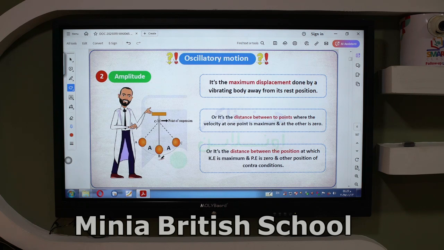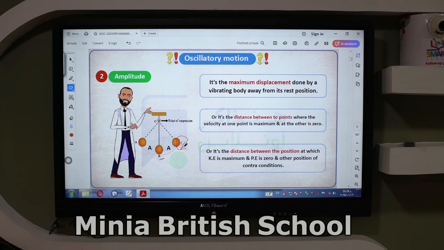Before the motion, we can say that it's the rest position or the equilibrium position. But here at point C, our kinetic energy will be equal to 0. At the maximum displacement, our kinetic energy will be 0.